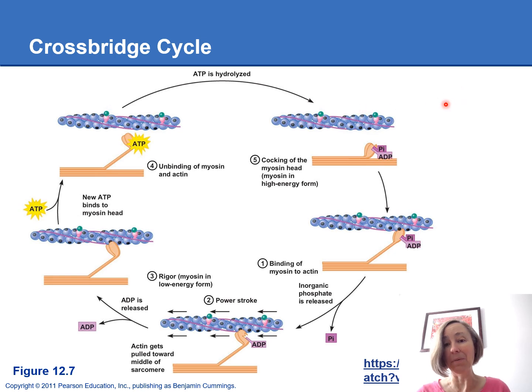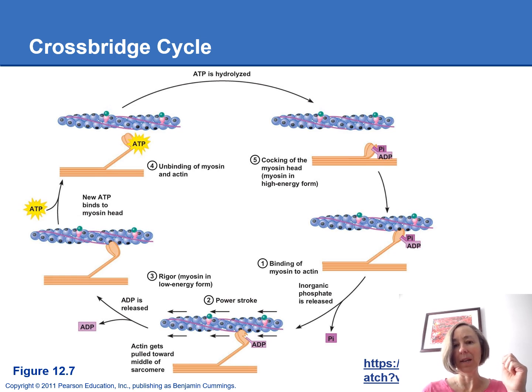Okay, so once we've got the calcium bound, and now we've got those binding spots on the thin filaments exposed for the cross bridges or the myosin heads, those myosin heads are already ready to go. And the way I think about those myosin heads is they're kind of like little slingshots.